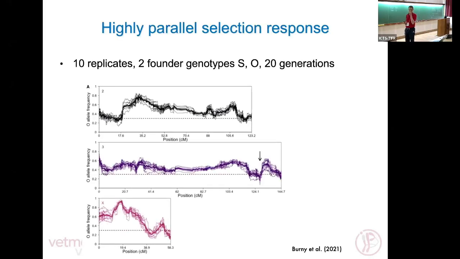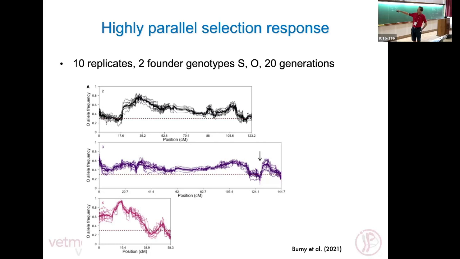So what do we see here? This is an experiment where we run these two genotypes for only 20 generations. Here you see the position on the chromosome, and on the y-axis the frequency of genotype 1. There are only two genotypes, so we plot the frequency of genotype 1. We call this O in this case; it's from Oregon, a Drosophila strain.